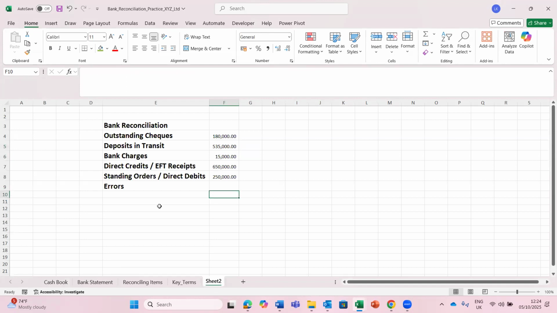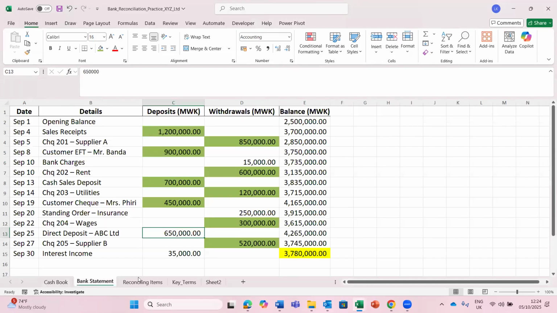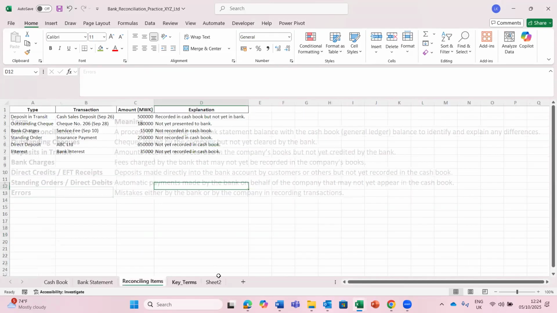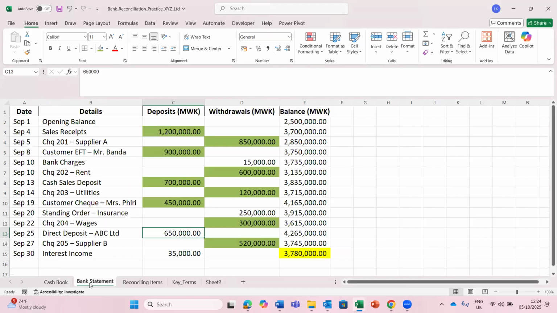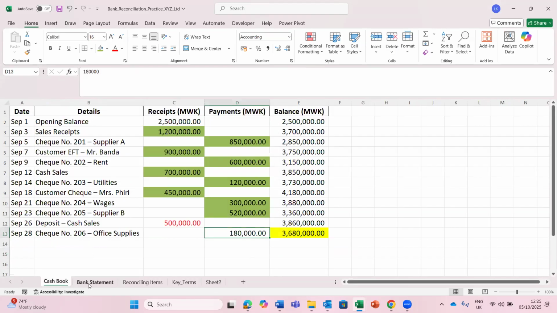So there are no errors. Obviously, there are no errors. Otherwise, we would have been told of errors which we could have clearly seen, or the question could have shown us that there are errors, right? So, how do we now make sure these two balances agree? This bank statement and this cash book. Okay, so how do we do it?